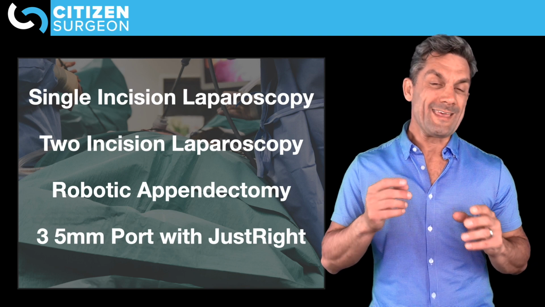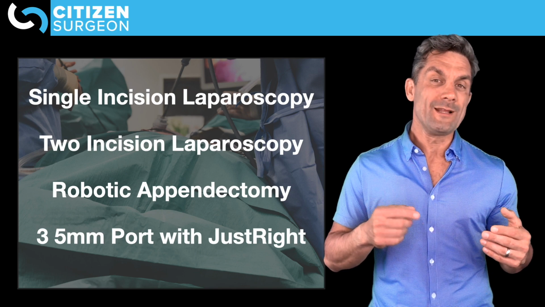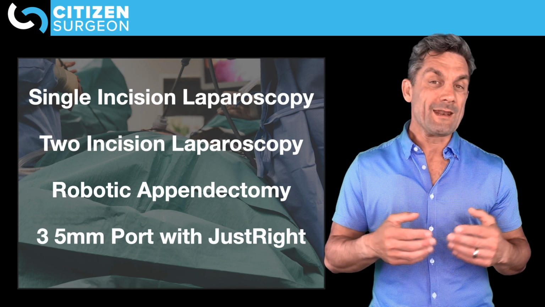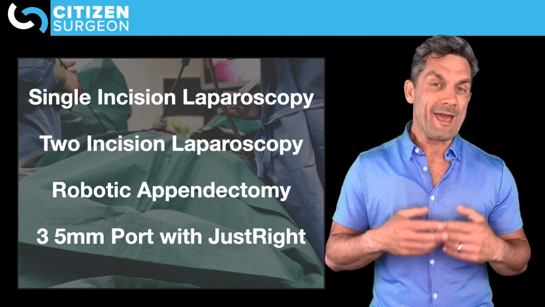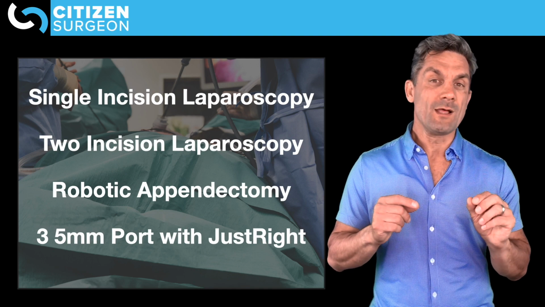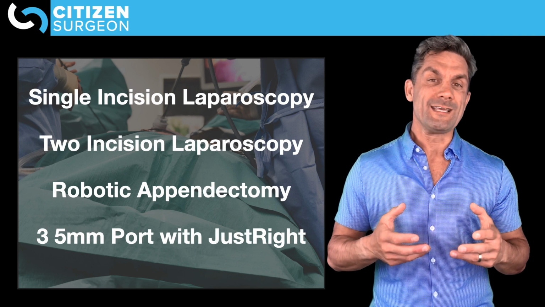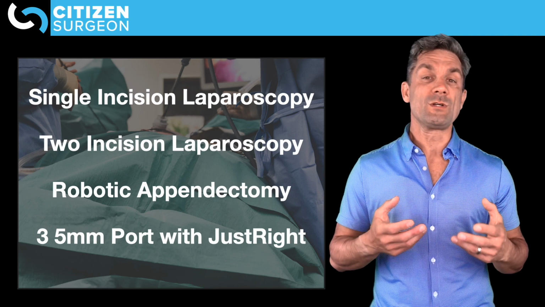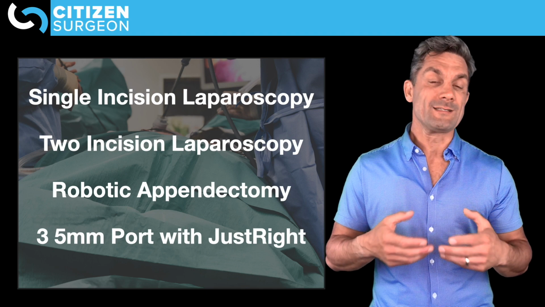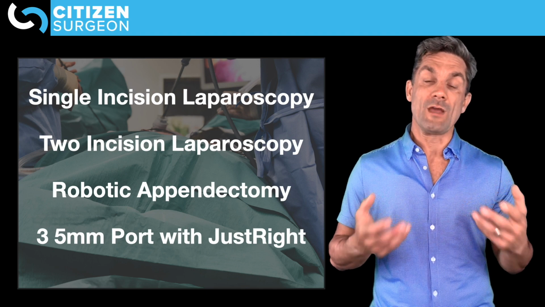I'll do that at the umbilicus, in the left lower quadrant, in the suprapubic area. And oftentimes I'll use the Just Right 5mm stapler, and that allows me to have very small incisions, and I found that this leads to less postoperative pain in my patients and quicker return to activity, quicker return back to competitive sports, which a lot of young people are interested in.